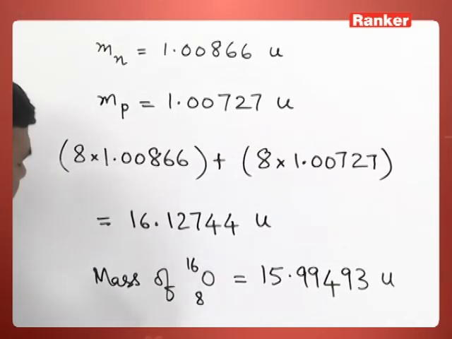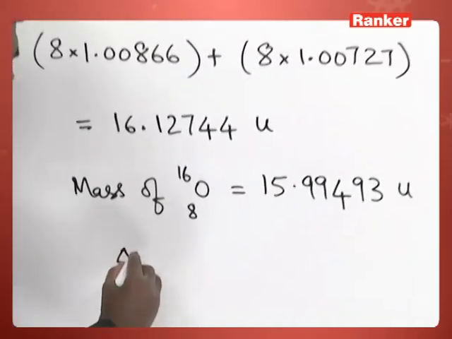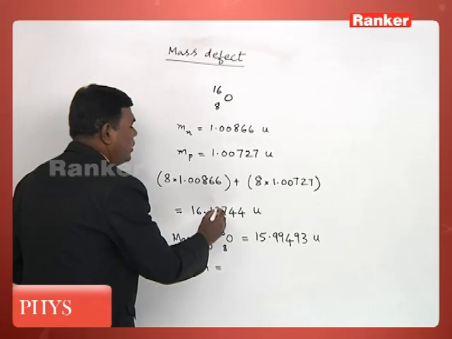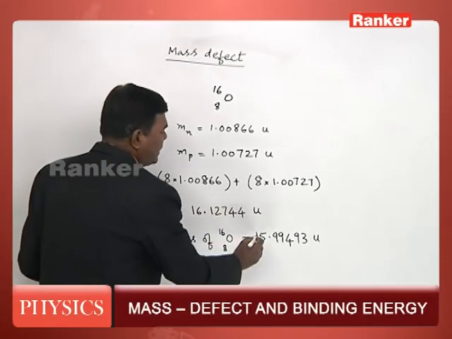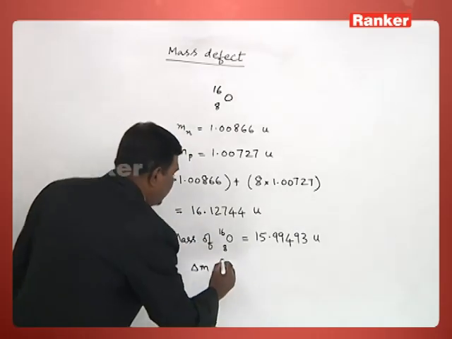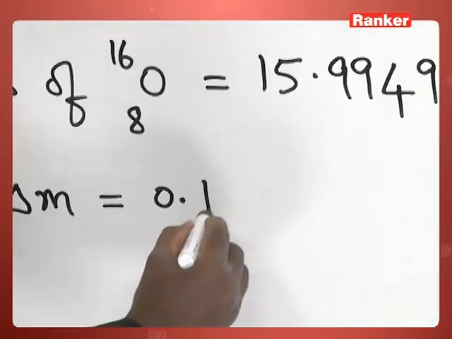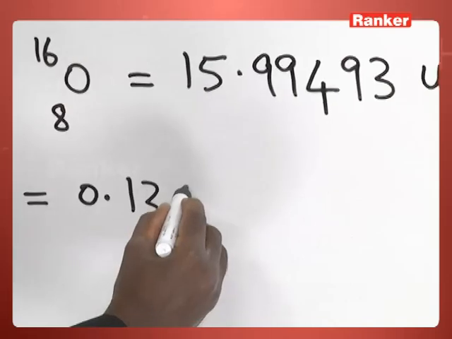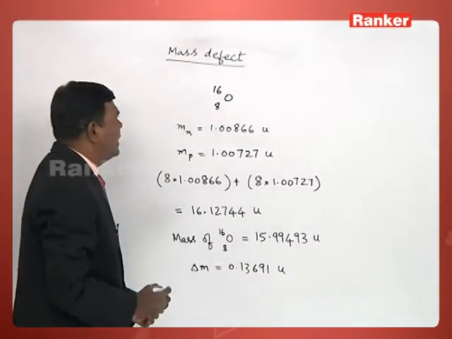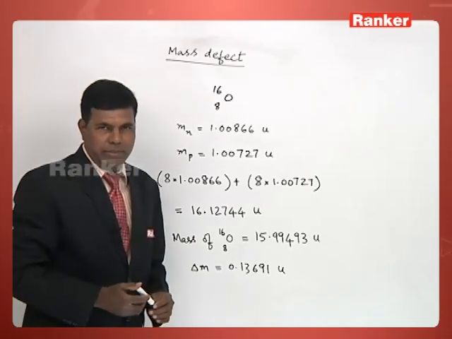That is, if you take the difference between these two values, delta M will be 16.12744 minus 15.99493. That will give you 0.13691. That's the mass defect in the case of the oxygen nucleus.